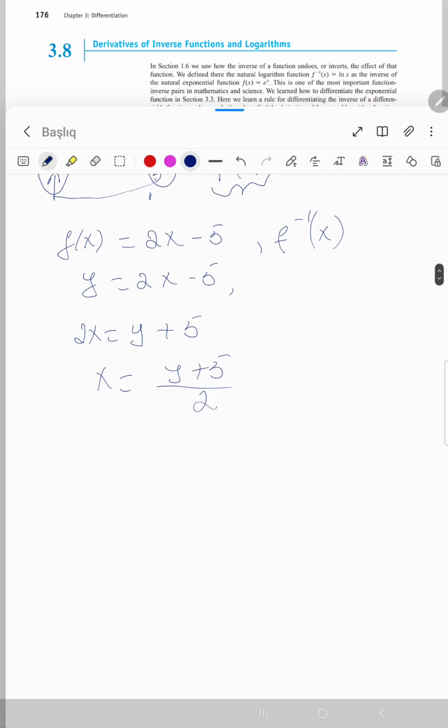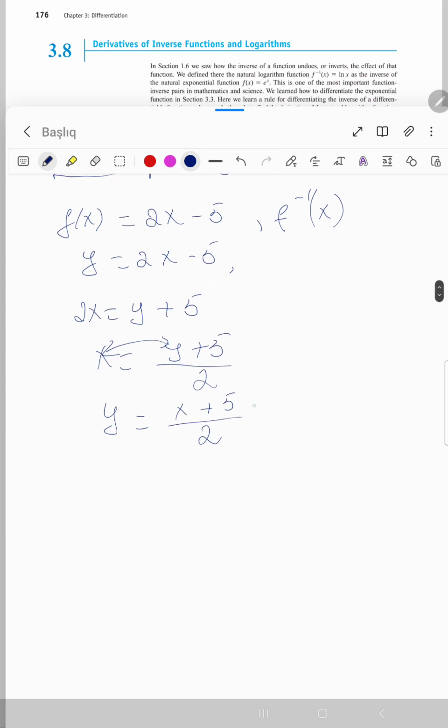And then we will just change x and y. y equals (x plus 5) over 2. It means our inverse function will be (x plus 5) over 2. And that's it.